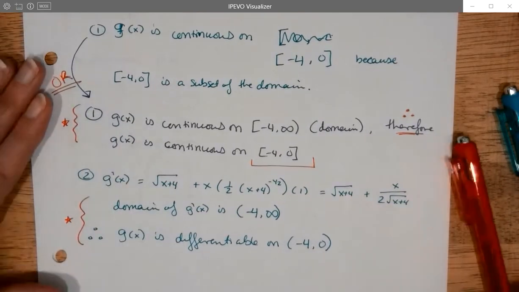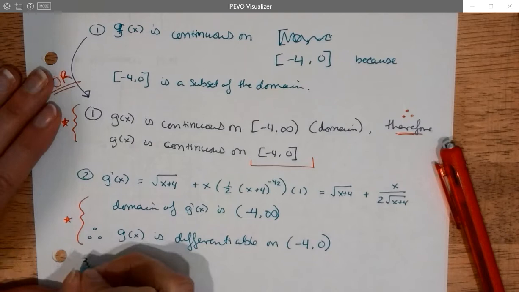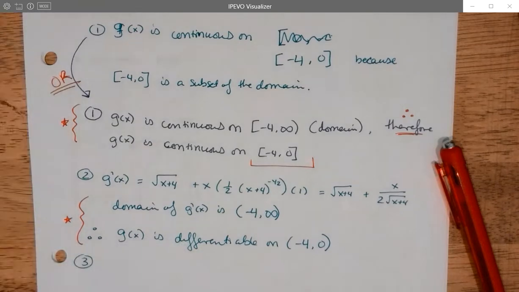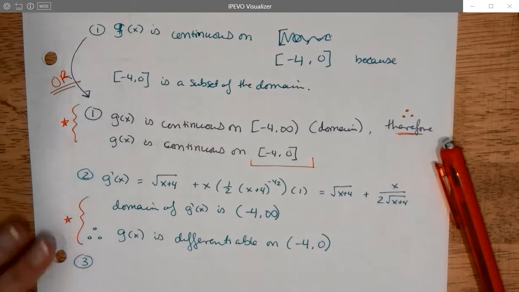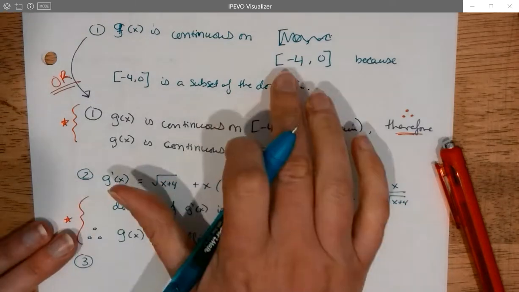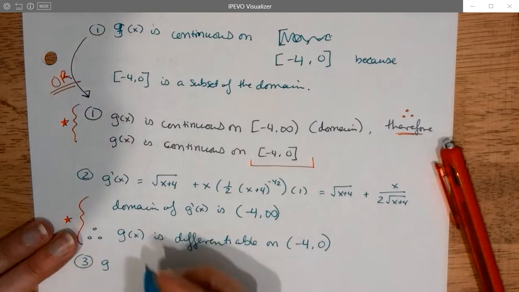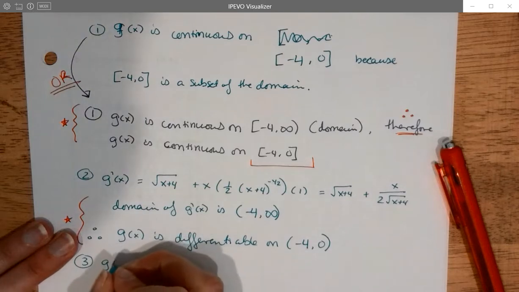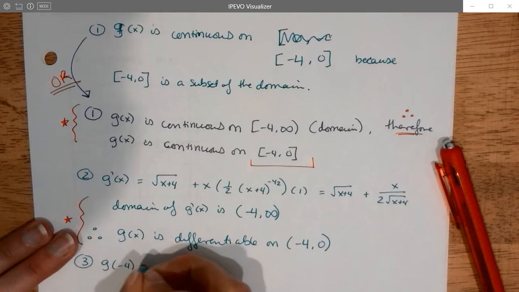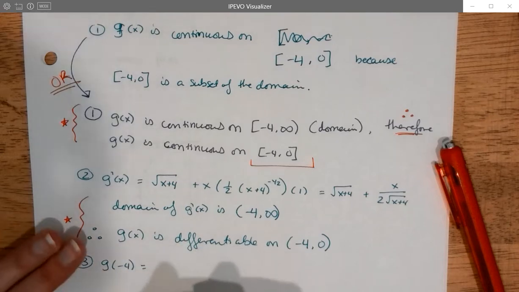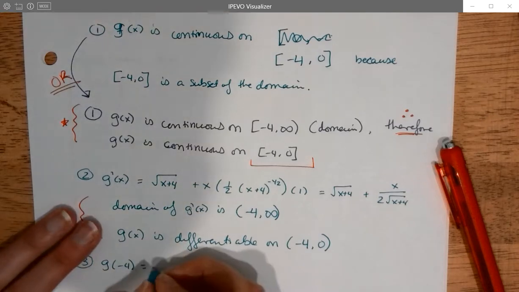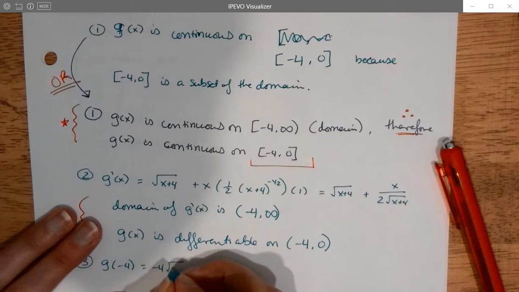And then I need the third condition. The third condition is that f of a equals f of b. So that's, in this case, g of a and g of b. A and b, remember, are -4 and 0. So g of -4 is equal to negative 4 times square root of negative 4 plus 4, so that's 0.